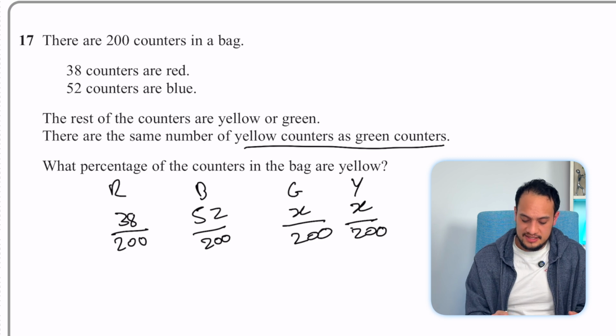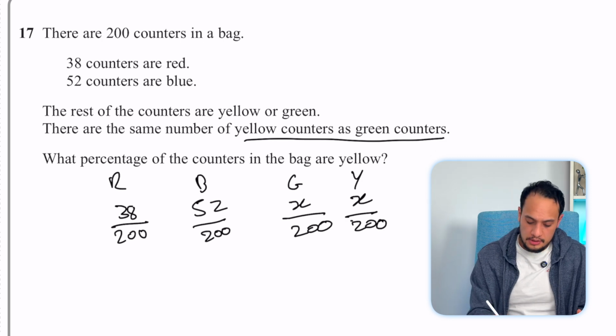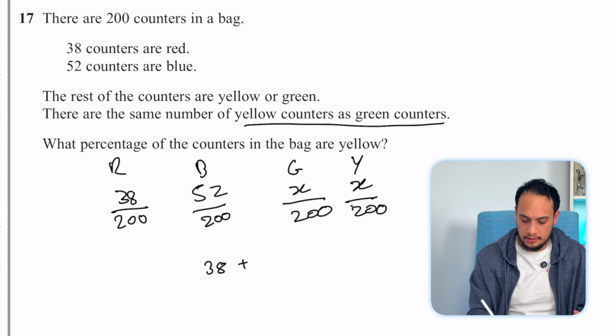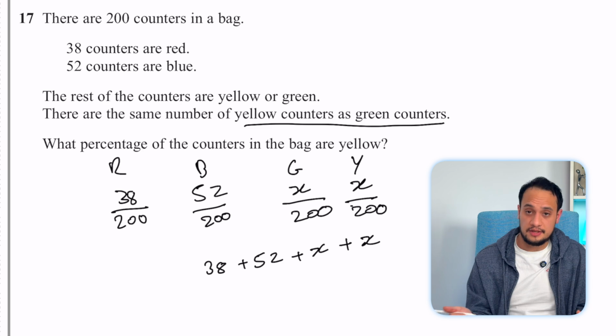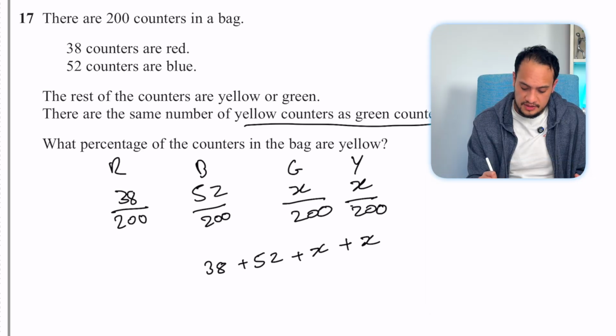Now, obviously 38 plus 52 plus X needs to equal 200. So I'm just going to write that out because I need to determine the total number of yellow counters. So if I find X, basically, I'll get my answer for the number of counters, and then I can convert it into a percentage. I've got 38 plus 52 plus X equals 200.